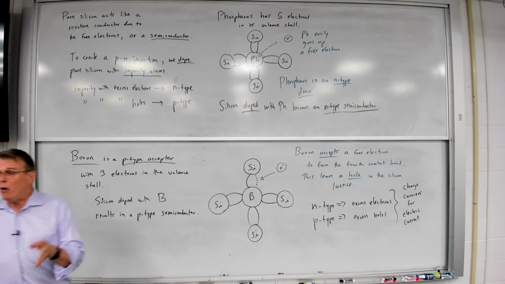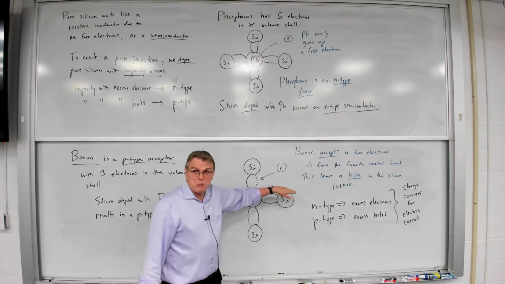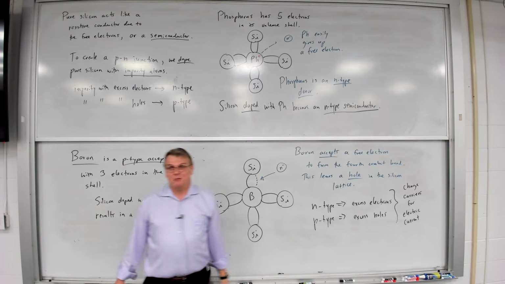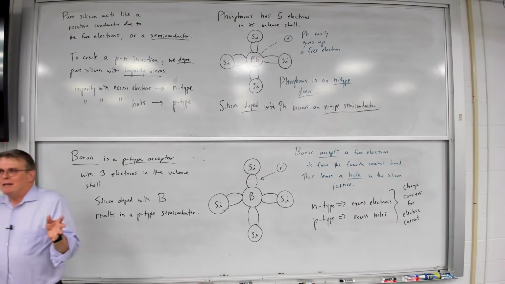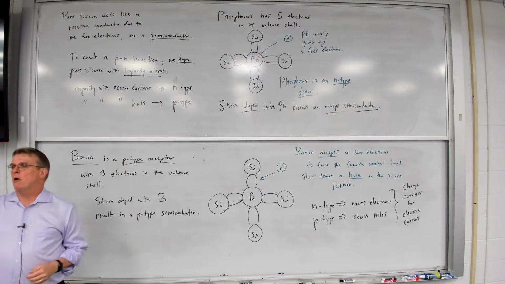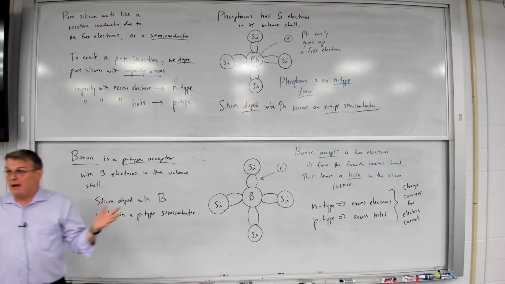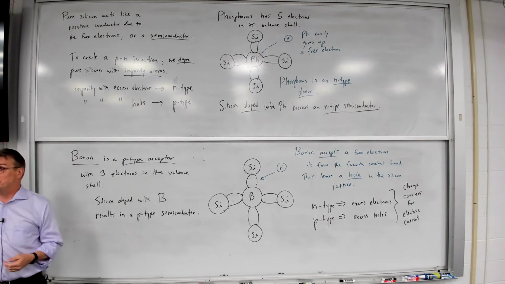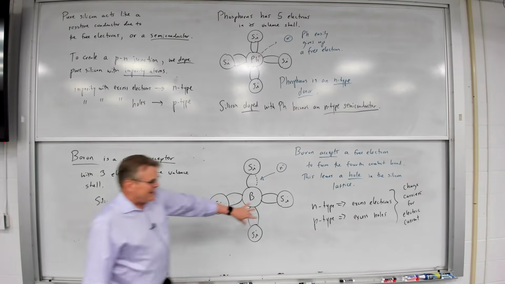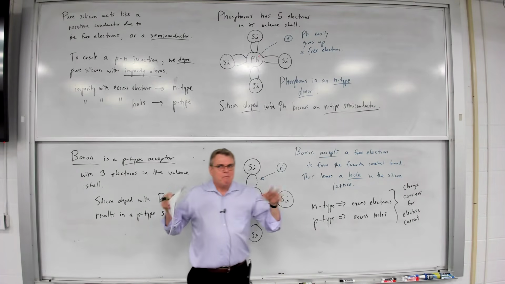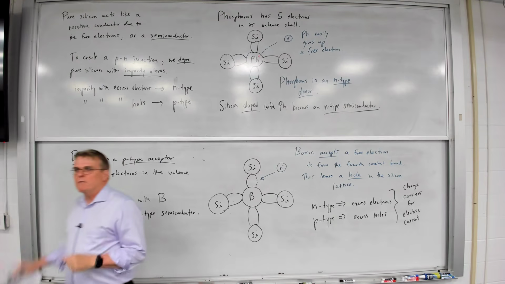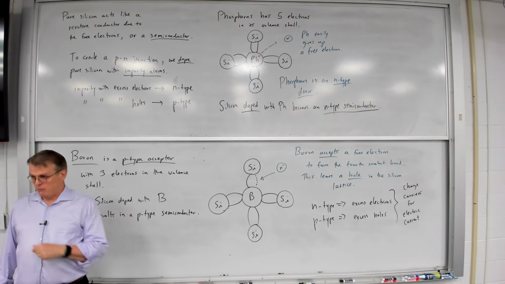Even though really what a hole actually is, it's a place where a silicon atom has given up its free electron. But we operate and treat it as if it were actually a charged particle by itself. And that's exactly how textbooks do it, and that's how I'm going to do it as well. But just keep in mind, the idea of an excess hole is a mental convenience that we use to think about how to write the equations.